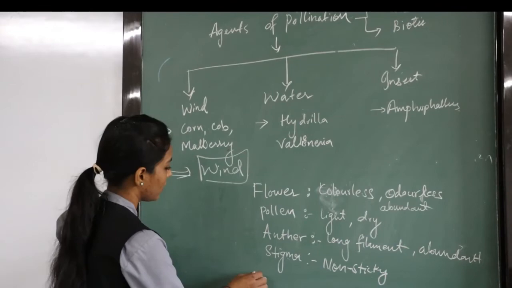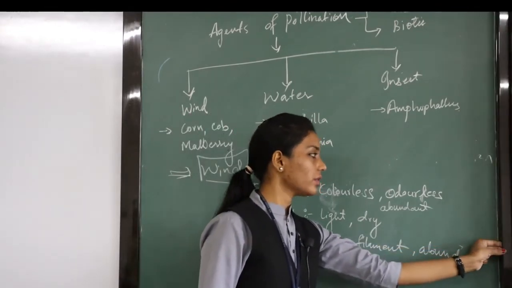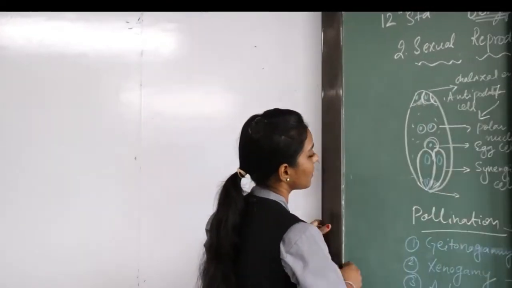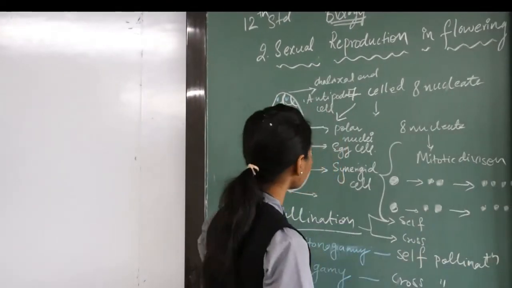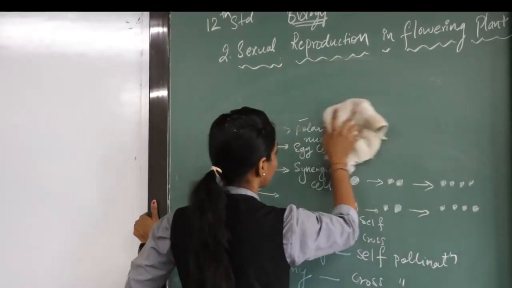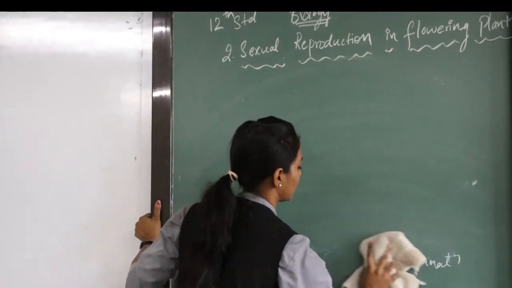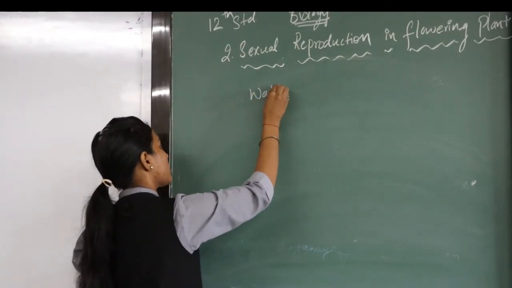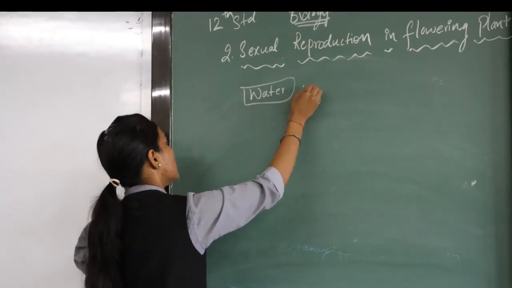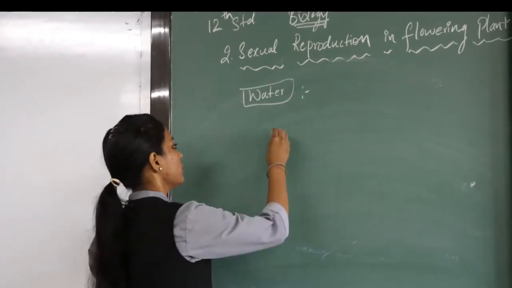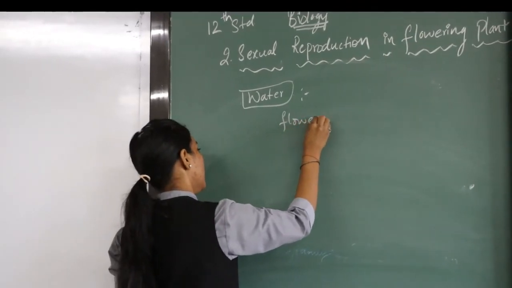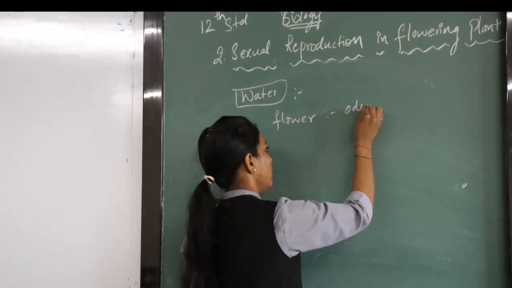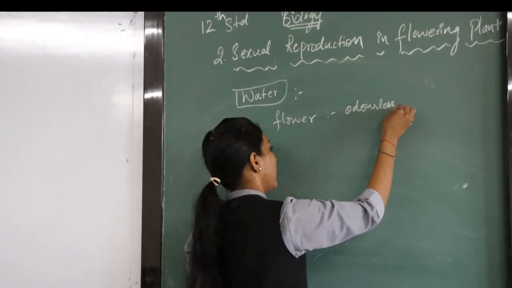Now we will see water and how it is favoring pollination. A few characteristics here: the flowers are odorless and colorless.